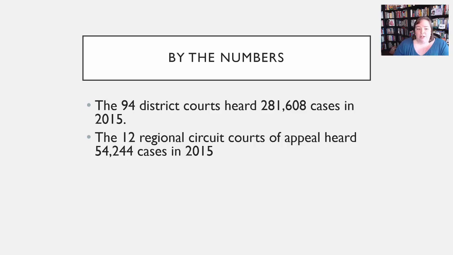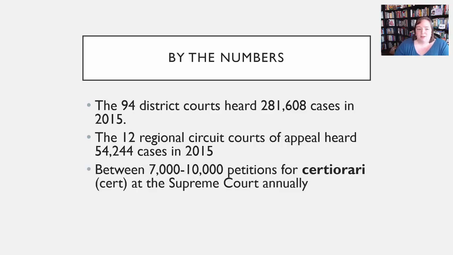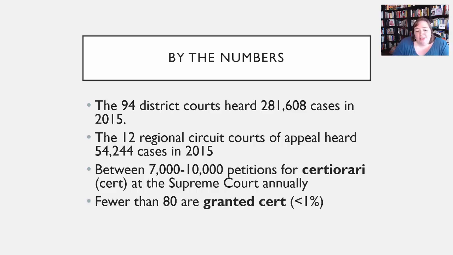The regional circuit courts, there are 12 of them plus the federal circuit, heard 54,000 cases in 2015. And generally between 7 and 10,000 petitions annually come to the Supreme Court asking the court to hear that case. Those are called petitions for certiorari, which we typically call just cert, because certiorari is a bit of a tongue twister. Of those, fewer than 80 are granted cert, or less than 1% annually.